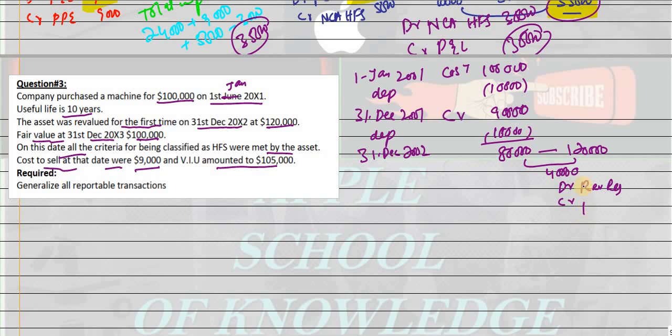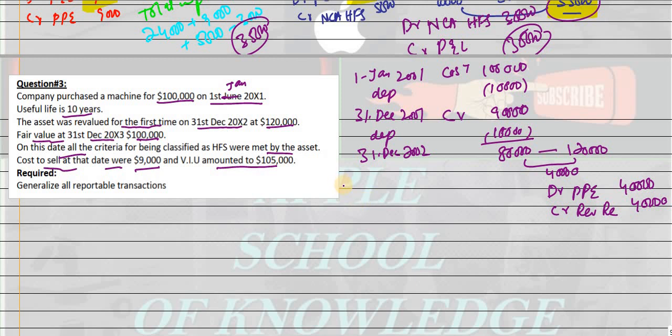Sorry. This is the revaluation, so debit will be the asset. Debit will be the property, plant and equipment, and credit will be revaluation reserve, and the amount will be 40,000.